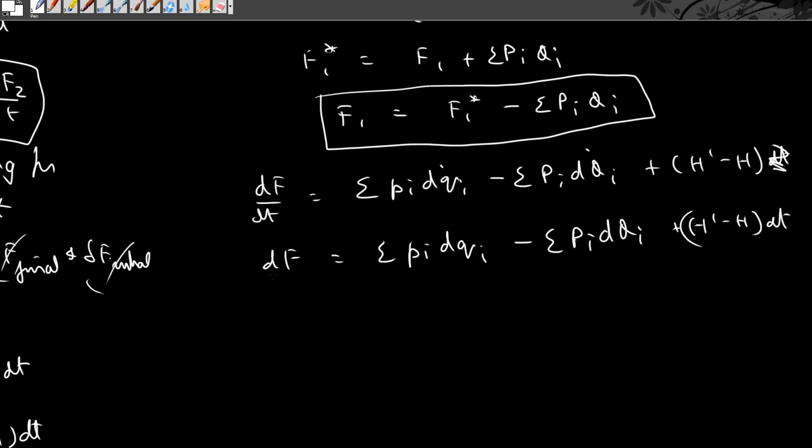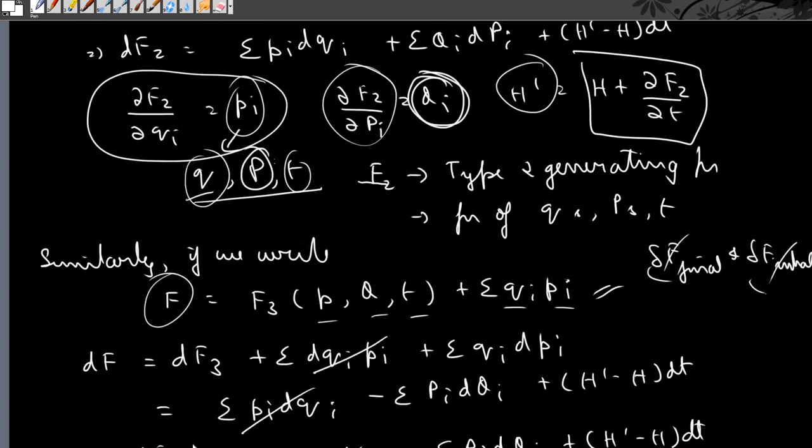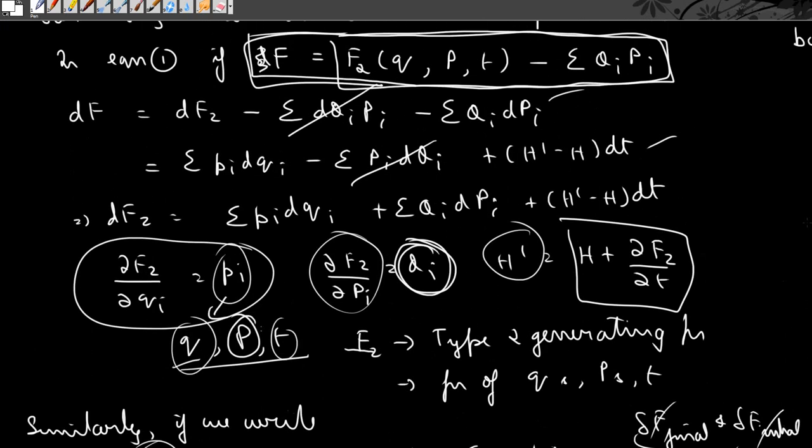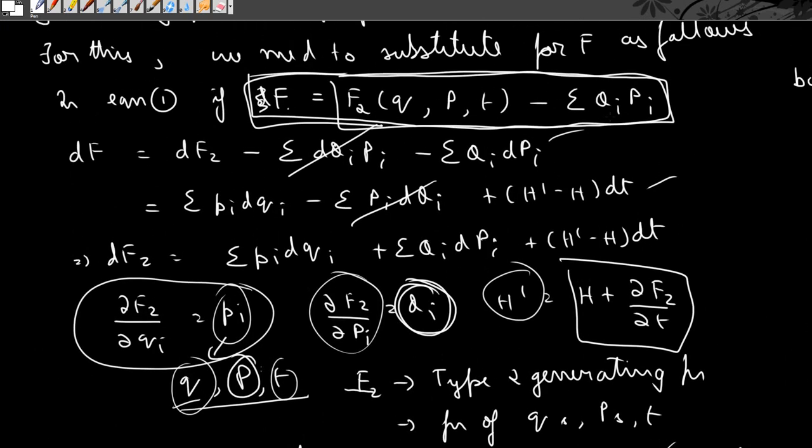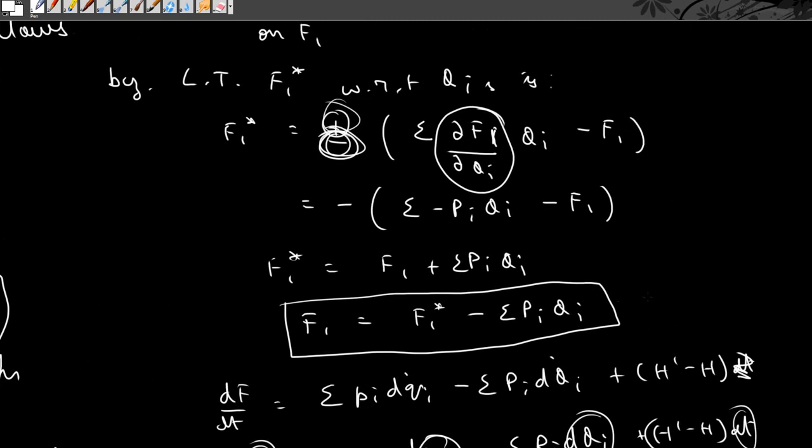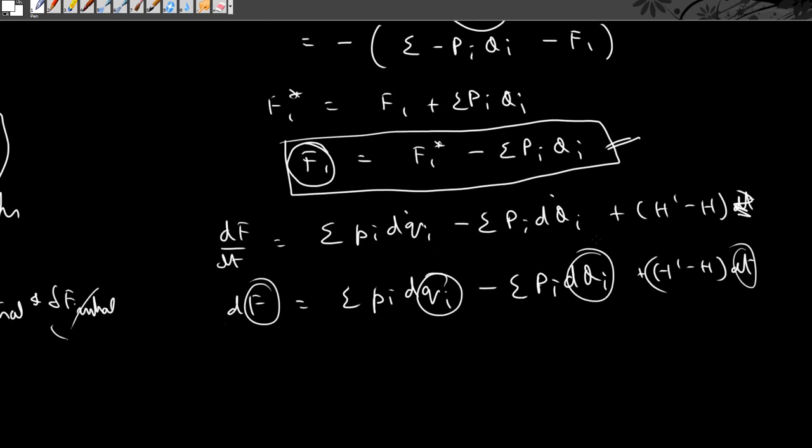Now clearly if we do not know what this f is, we have to assume that this function f is a function of qi, capital Qi and t, which is nothing but our type 1 generating function. To get the type 2 generating function, we are just substituting f as equal to f2 minus this quantity, which is the relation that we have here. So our f1 is the same as f because of this relation.